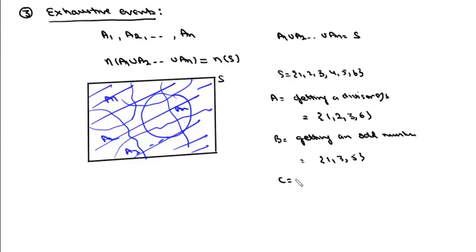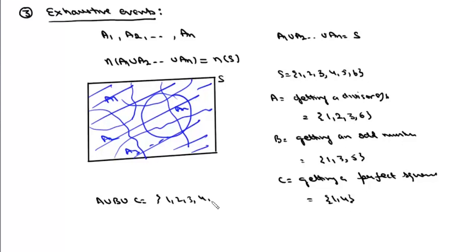And event C is getting a perfect square, so in this case we have 1 and 4. Now, if we take A union B union C, it has 1, 2, 3, 4, 5 and 6, all the elements. So n of A union B union C is equal to n of S, which in this case is equal to 6. Together, these three events A, B and C are said to be exhaustive.